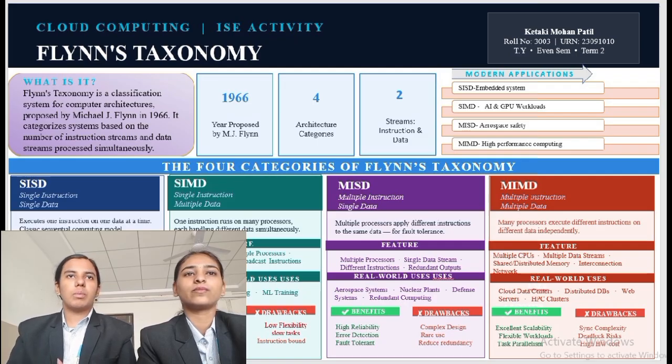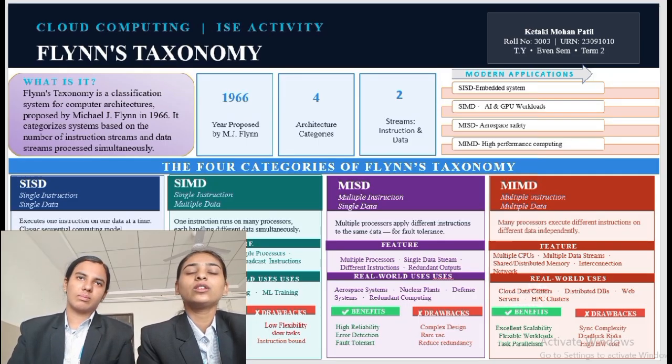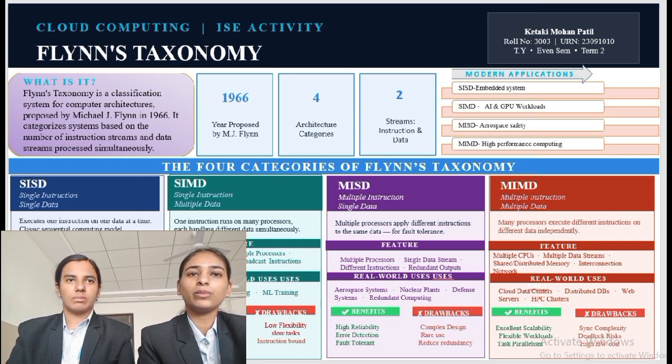Can you please explain simply what you mean? Sure. Instruction stream means the commands which are executed on data, or the computer operations. The data stream means the actual data, which can include numbers, images, on which the instructions are executed.